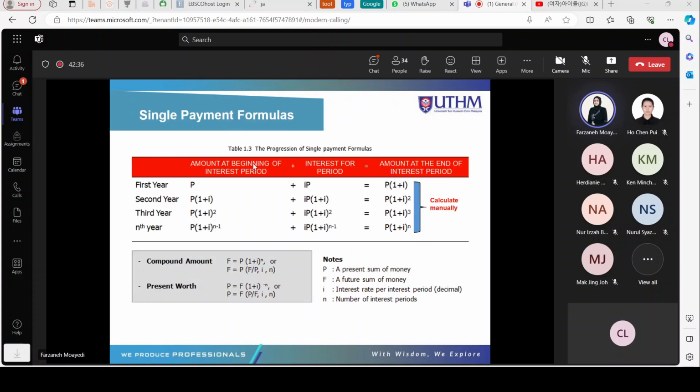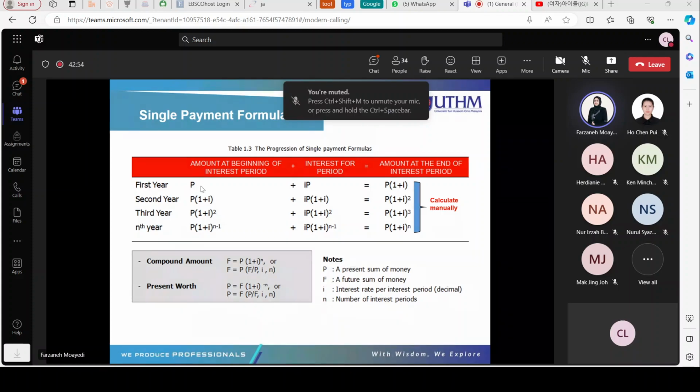Okay. So what you see here is something that you are familiar with already and you know how to calculate it. This is for the single payment formula. What you have is the P, the present. So you have the first payment, for example the first year.